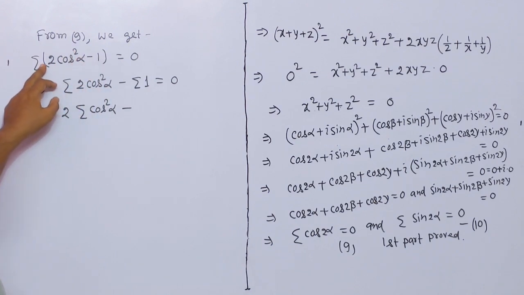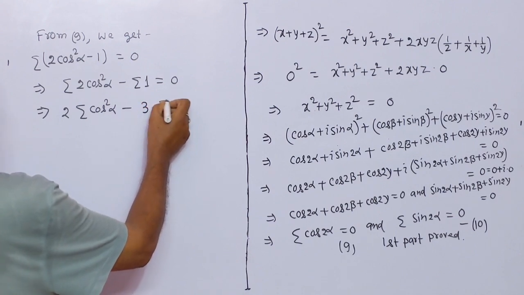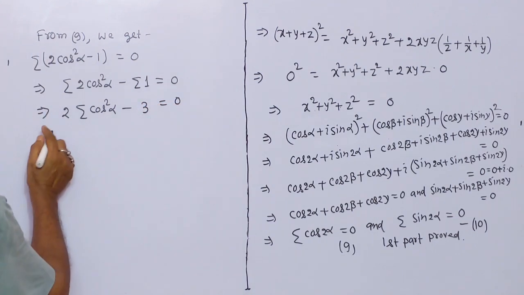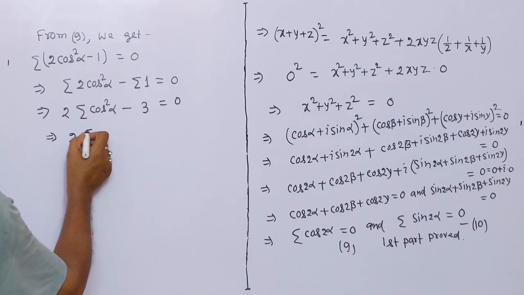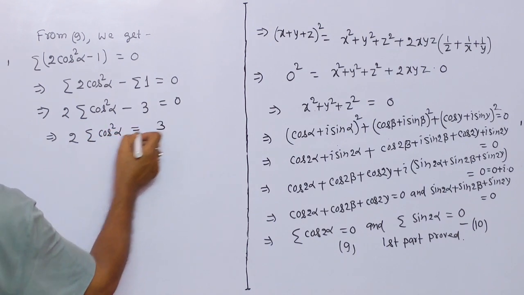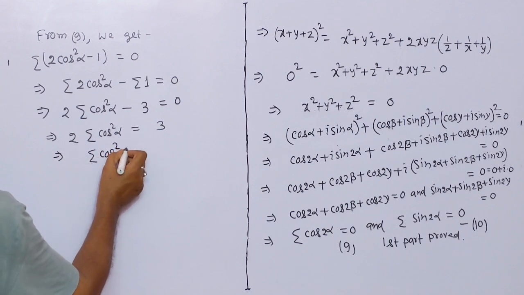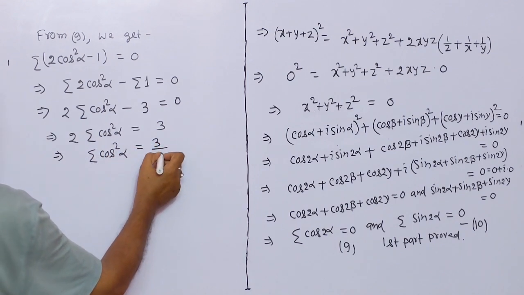Here sigma means plus. So this means 3 equal to 0 implies that 2 sigma cos square alpha equal to 3 implies that sigma cos square alpha equal to 3 by 2.